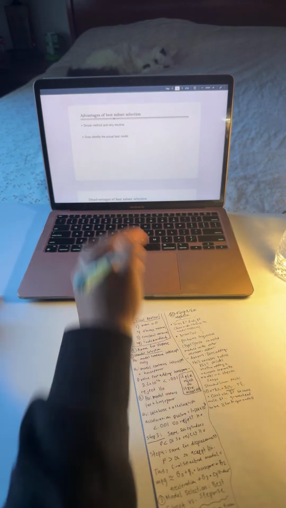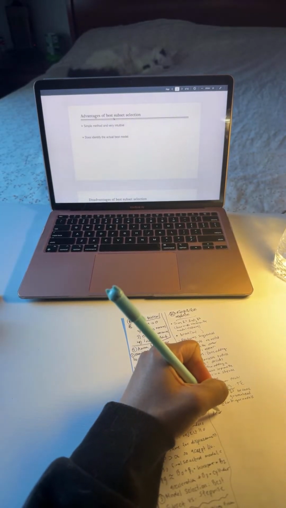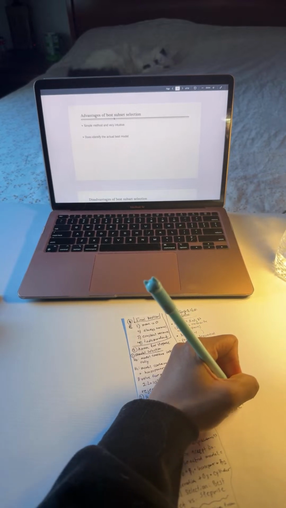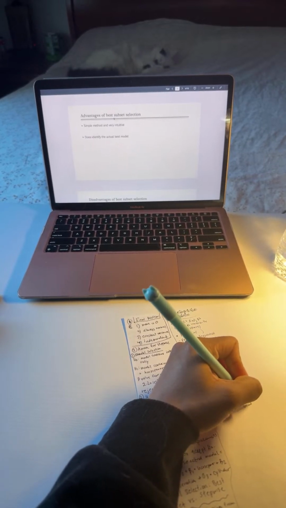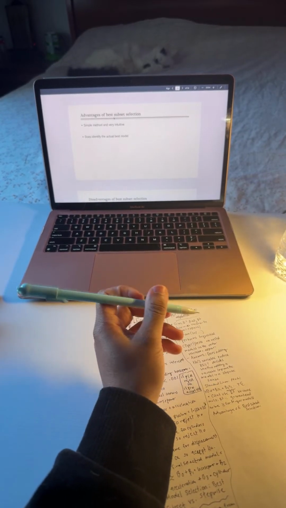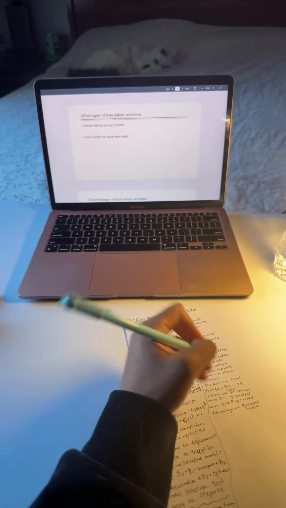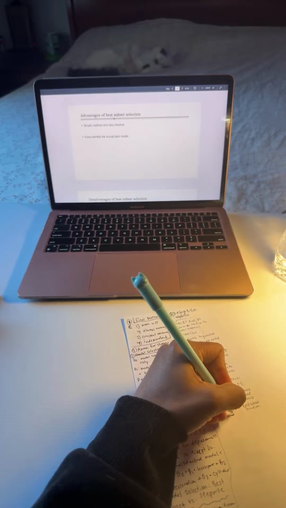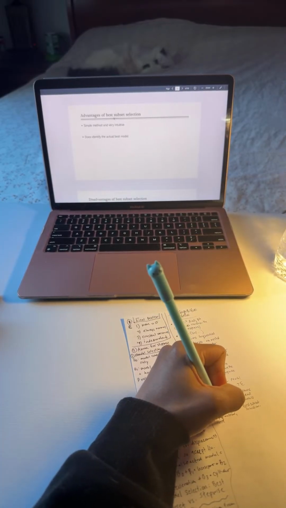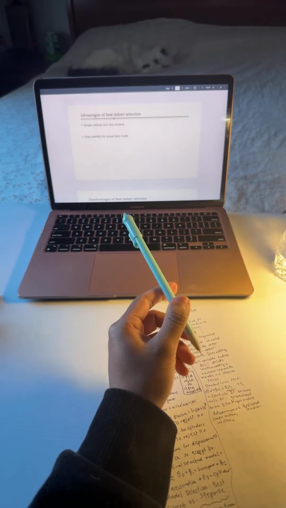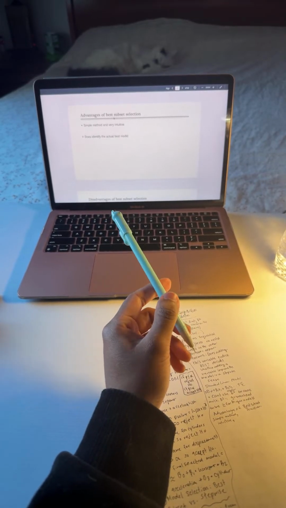some advantages. Best subset selection is a simple method, very intuitive. And then it identifies the actual best model.